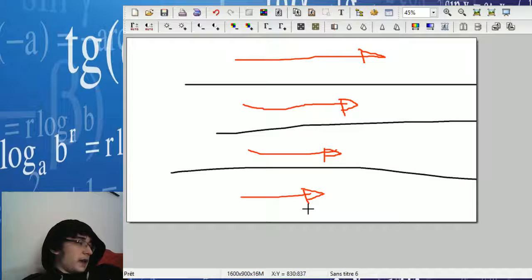And there is obviously a layer where this is not true. You can't consider that there is speed anymore.